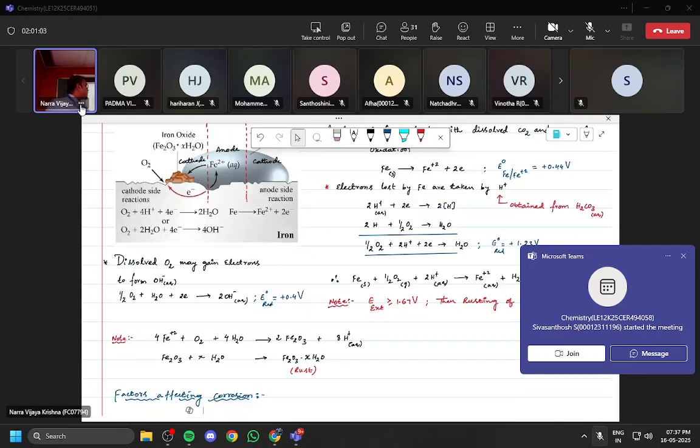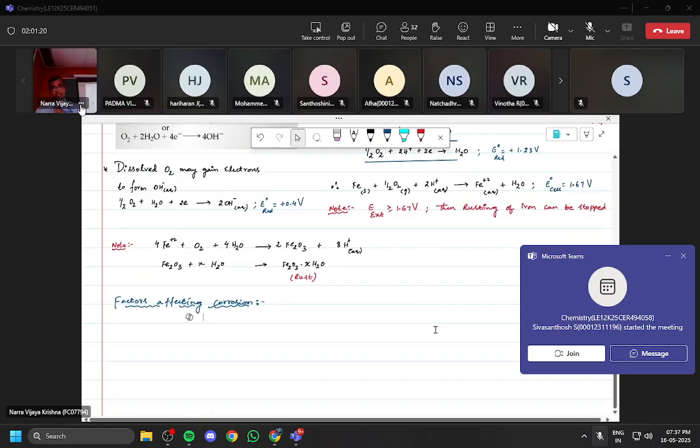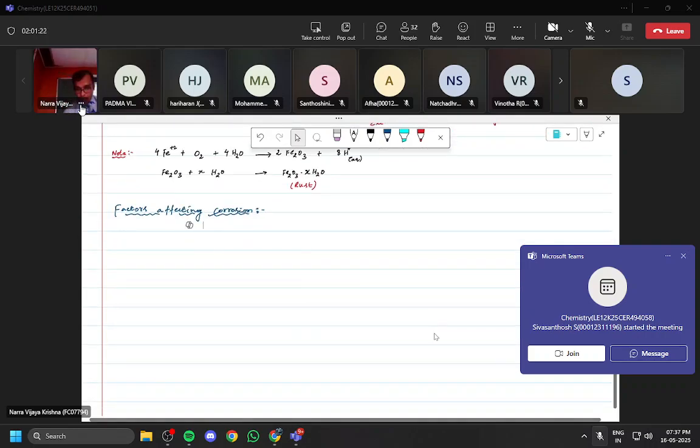Here what is the voltage if it is oxygen? 0.44 plus 0.84, here it is 1.67. So if the external battery is more than 1.67, both reactions will be stopped now. Now, second condition. What is the oxidation potential of iron? 0.44.